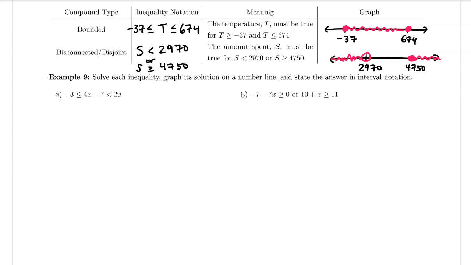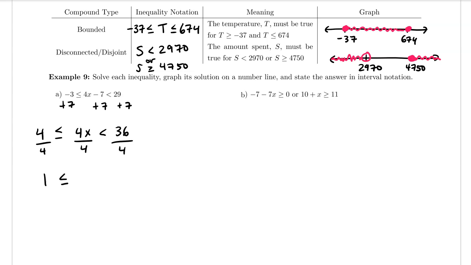Example 9 says solve each inequality, graph its solution on a number line, and state the answer in interval notation. So part A, we have negative 3 is less than or equal to 4x minus 7, which is less than 29. I'm going to start off by adding 7. And notice that I need to do this on both sides of both inequality symbols. That's going to give me 4 is less than or equal to 4x, which is less than 36. And then from here, I'm going to divide by 4, and divide by 4.